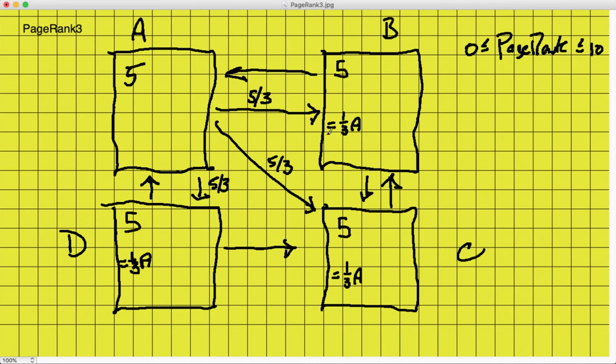So if there are 2 links going out, it's going to send half of it back to A, and it's going to send half of it over to C. So A is equal to 1/2 of B, and C also gets 1/2 of B.